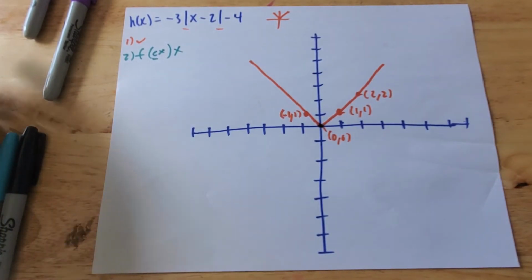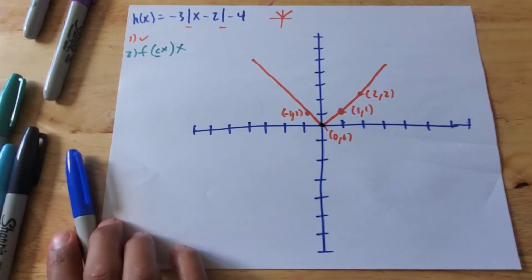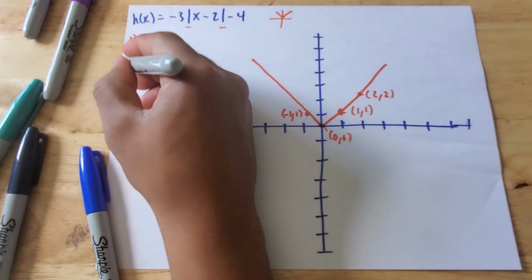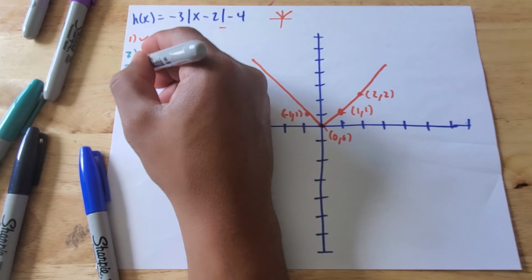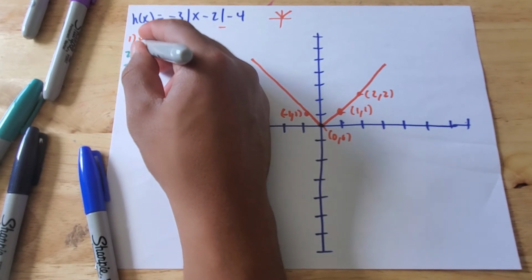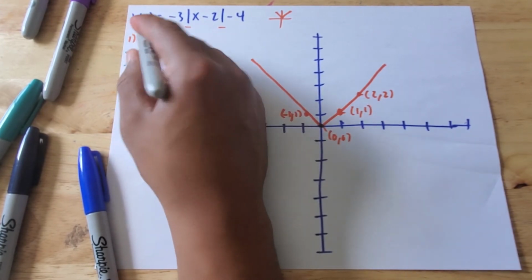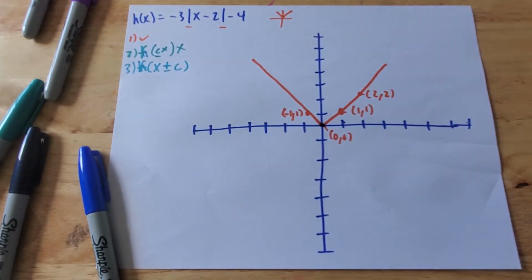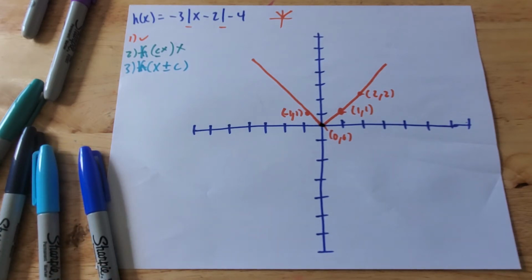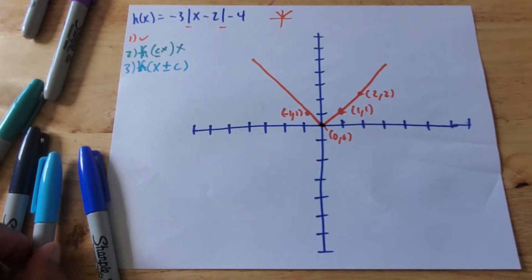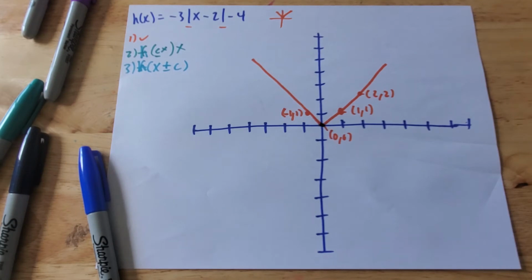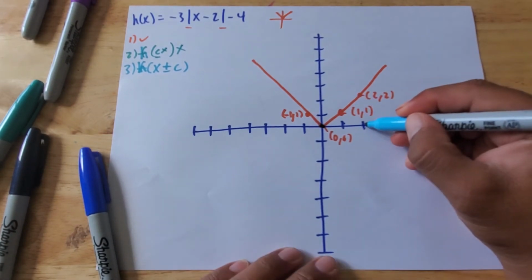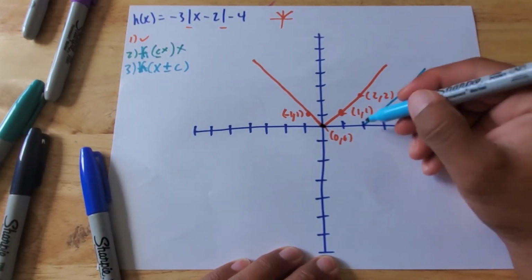And then the next thing is to see if anything is adding or subtracting to, well, we should say h, because this is h of x. We just see if anything is adding or subtracting. And we see that something is subtracting, just like before. So that means we're going to do opposite of what you think it should do, which instead of going to the left, it's going to go 2 to the right, and it's going to be right here.